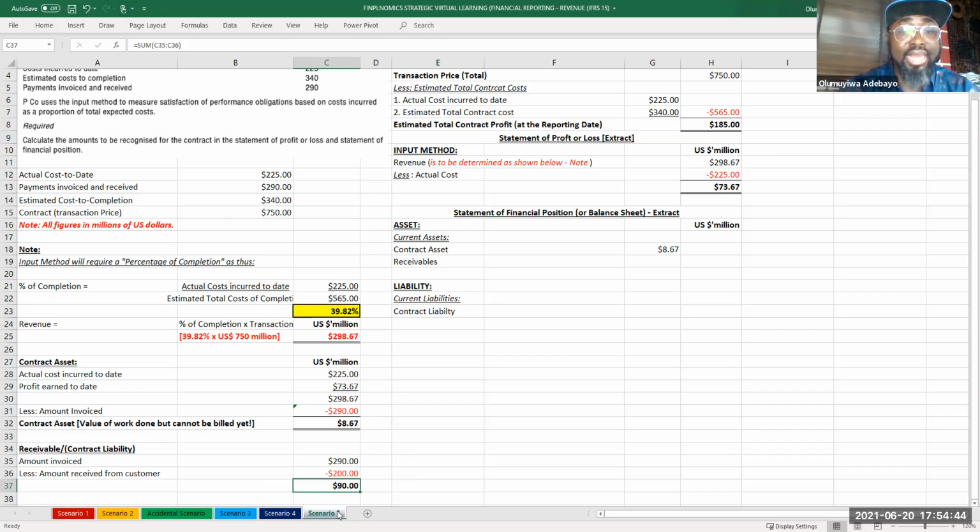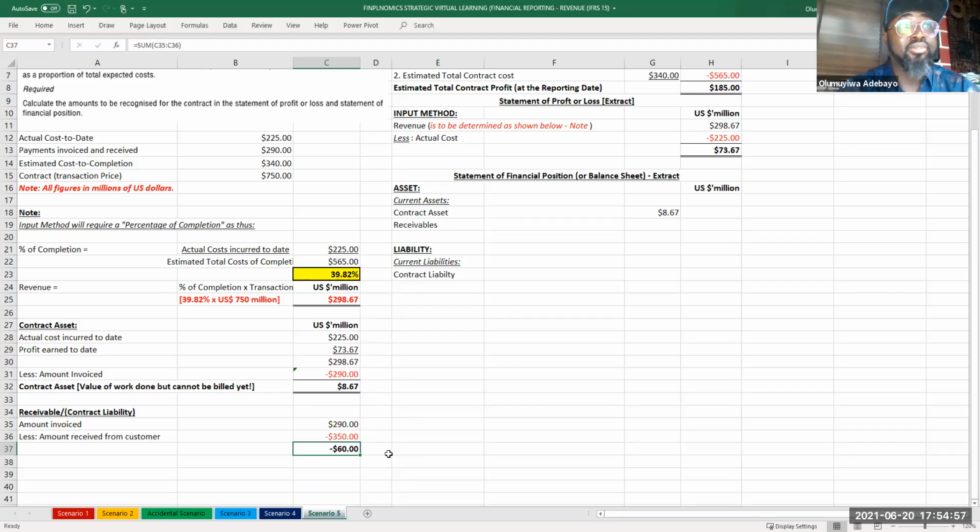But if you build 290 and you receive 350, what do you have? You have a contract liability. What does that mean?